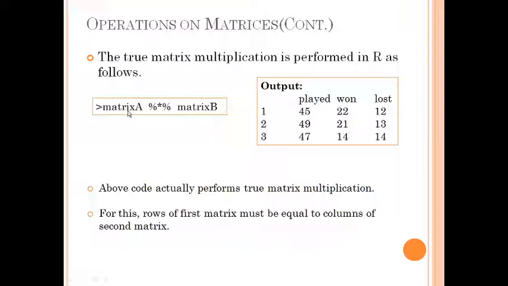Now if we look at matrix A multiplied with matrix B in an algebraic manner, there is no 0 element, because it's not one-to-one matrix multiplication. For a true matrix multiplication to take place, it is essential that the columns of the first matrix must be exactly the same as the rows of the second.